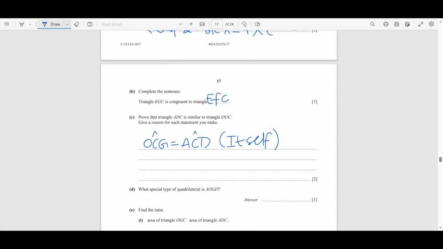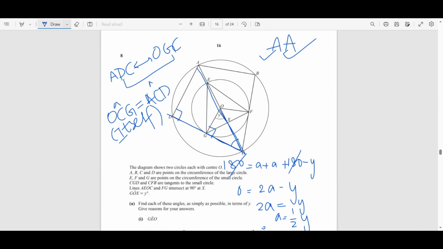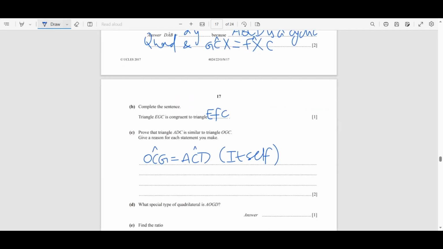They don't need a whole grammatical sentence. And then ADC and OGC: ADC is equal to OGC is equal to 90 degrees. So yeah, 2 angles have been proven, and we can also write that this is the case of similarity, double A.